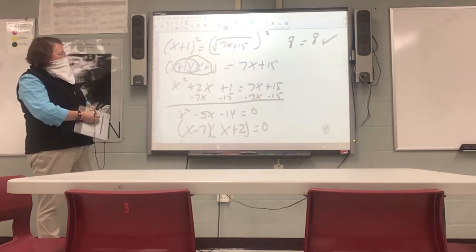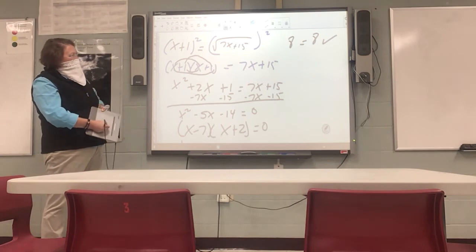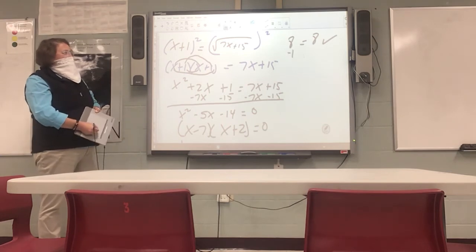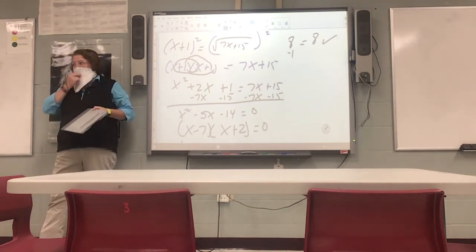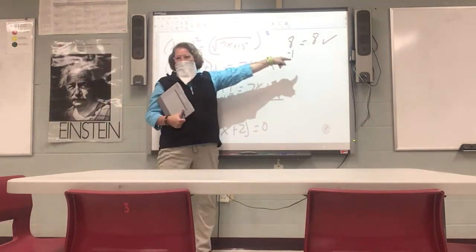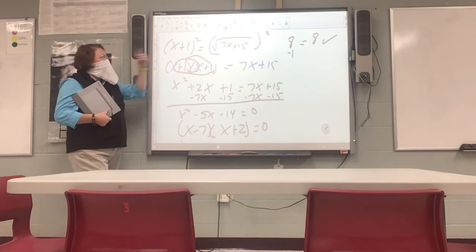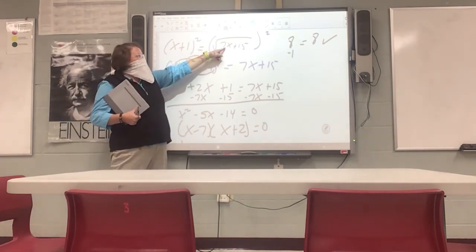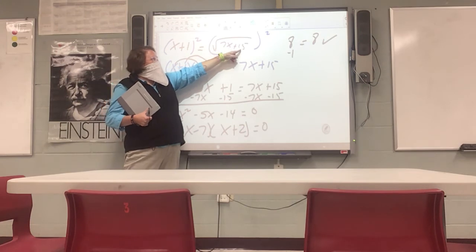Negative 2 plus 1 is negative 1. And now, some of us already know this can't work, because I'm fixing the square root on the whole other side, and I can't have a negative square root. But let's go ahead and see what it looks like. 7 times negative 1 is negative 7. Negative 7 plus 15 is 8.